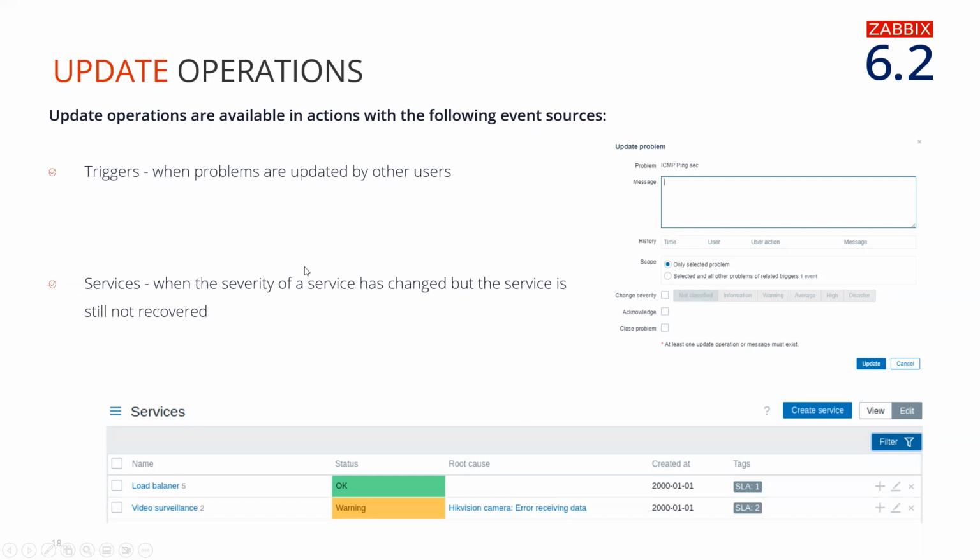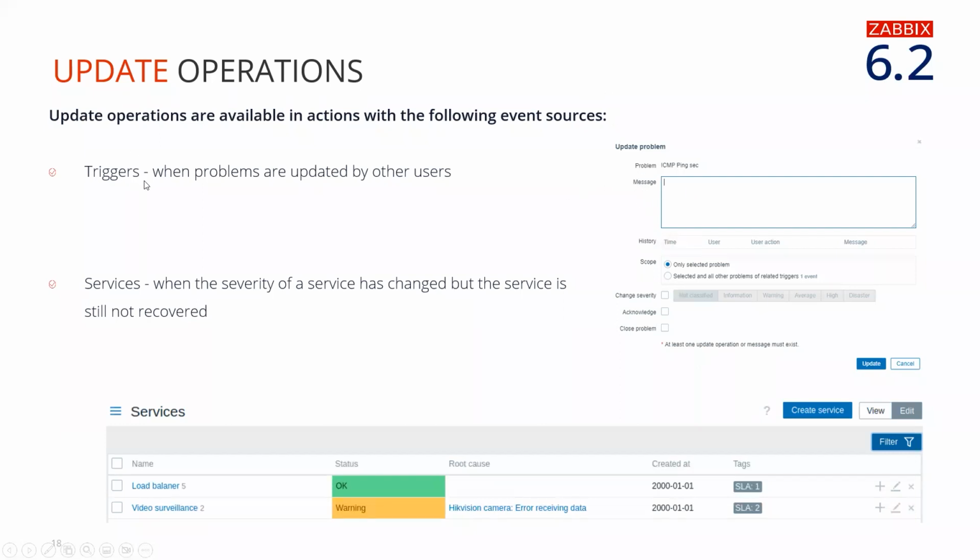Okay, so if you have something on your service that used to be a disaster and now you have a warning, this small update will notify you via email and all the other media types.